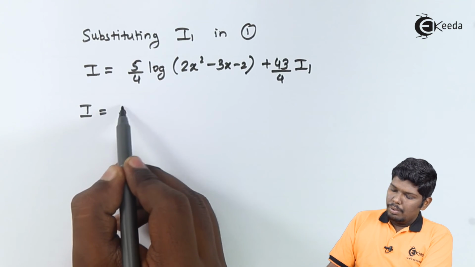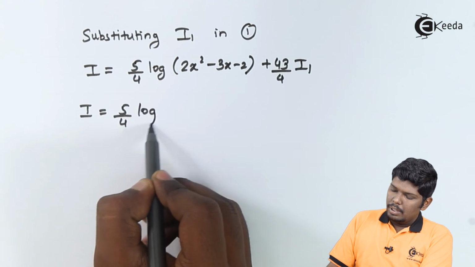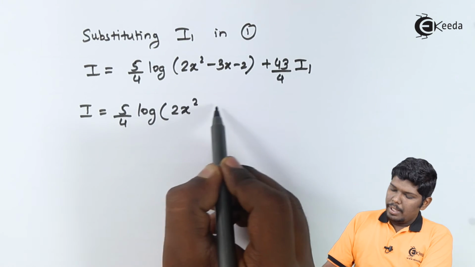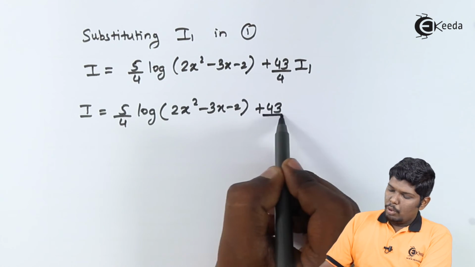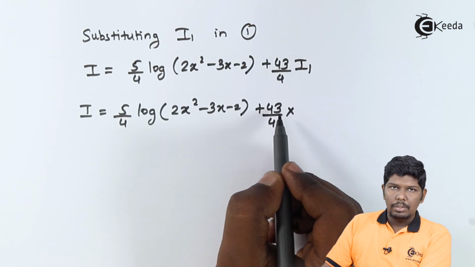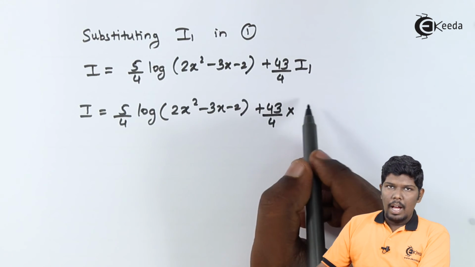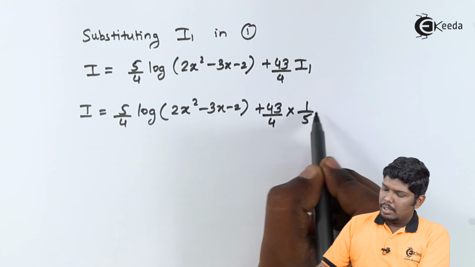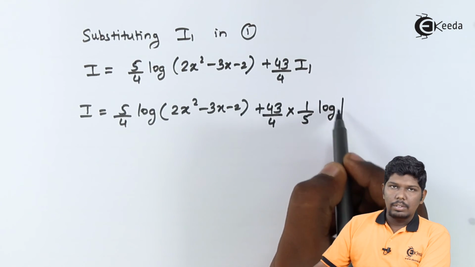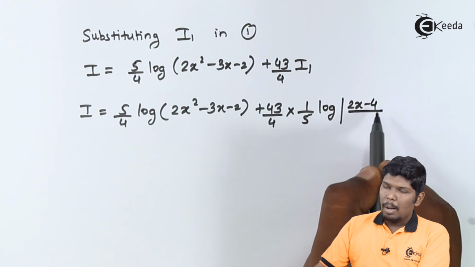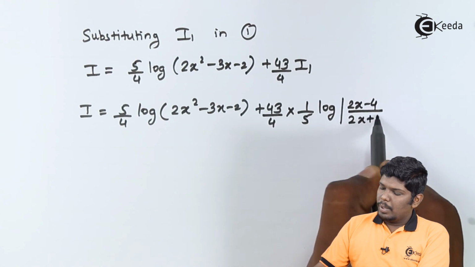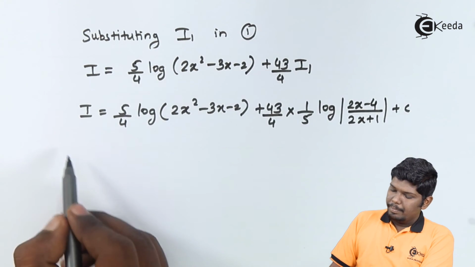That will give you 5 upon 4 log of 2x square minus 3x minus 2 plus 43 upon 4 into I1 is 1 upon 5 log of 2x minus 4 upon 2x plus 1 plus c.